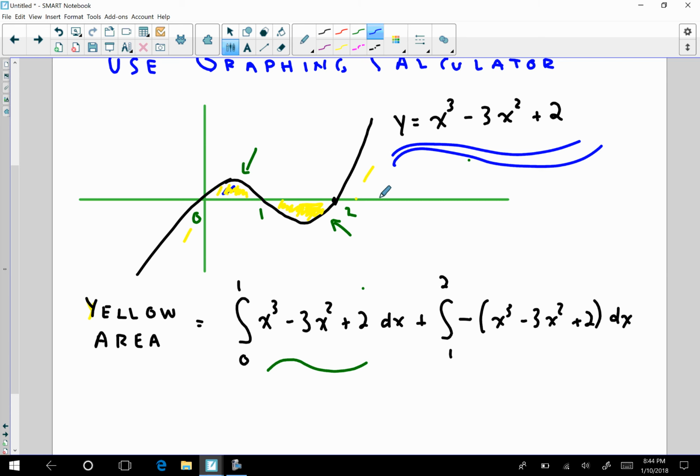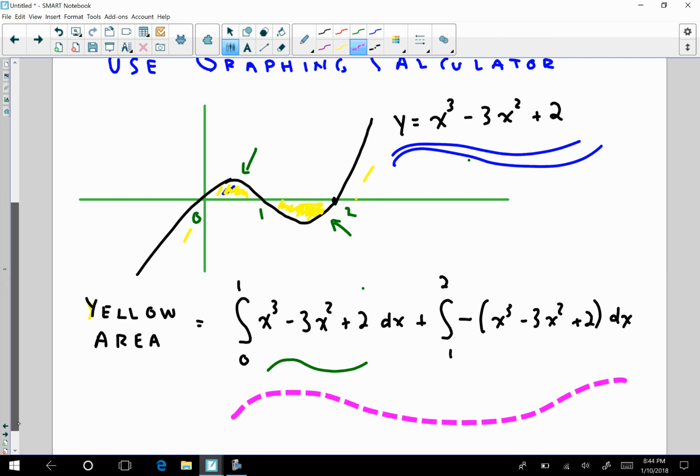So to correct that problem, I'm going to take the opposite of this function from 1 to 2. So this is going to be the setup to find the area bounded by the graph of x cubed minus 3x squared plus 2 in quadrant 1.